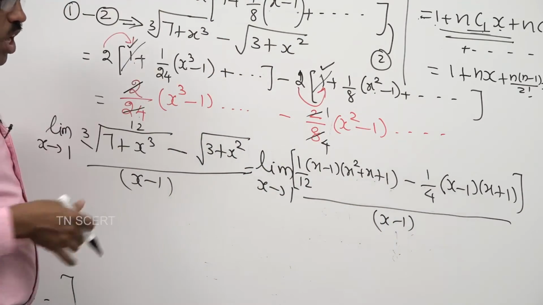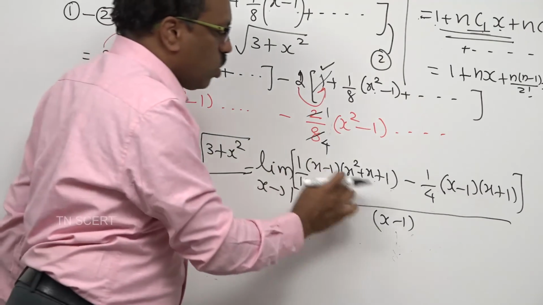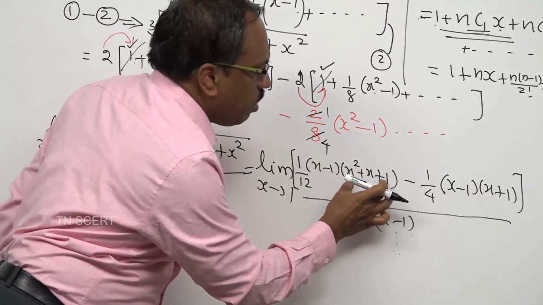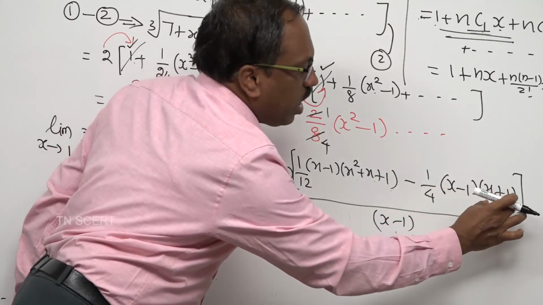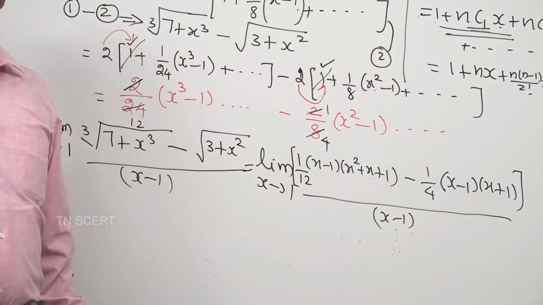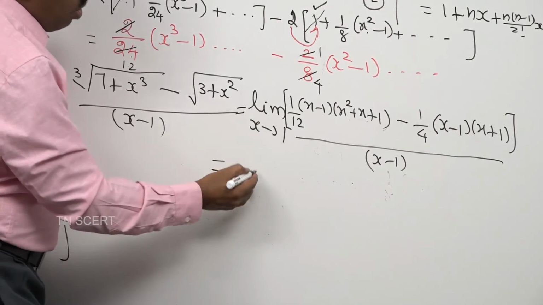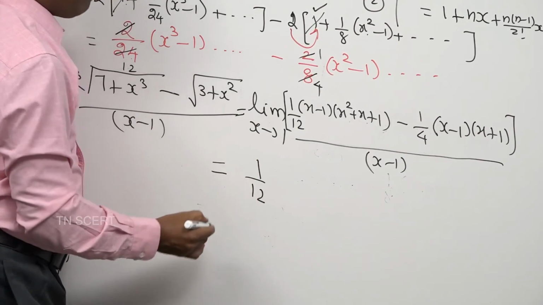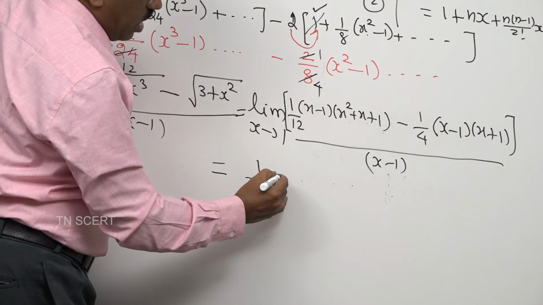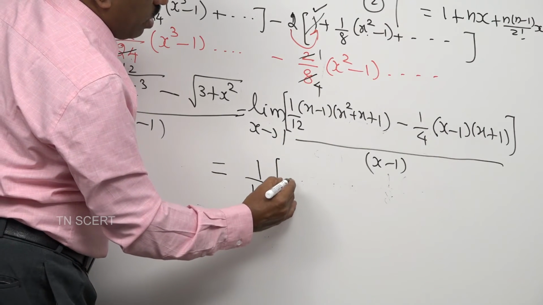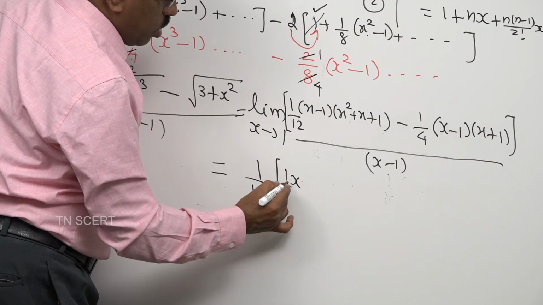So x minus 1 getting cancelled in these two parts. So remaining term x square plus x plus 1, here x plus 1, like this two terms involved. So that means you apply limiting value over here, 1 by 12. So after getting cancelled, the terms involved is 1 by 2, okay.